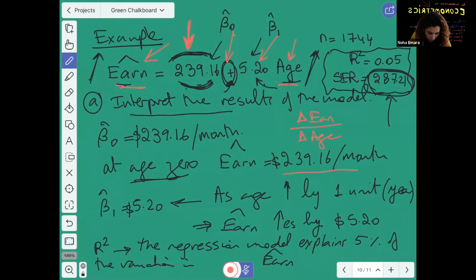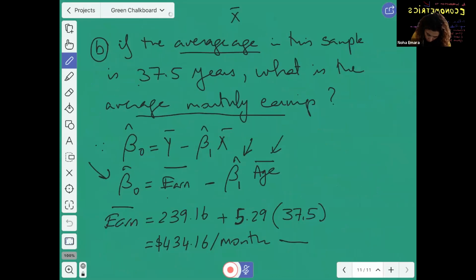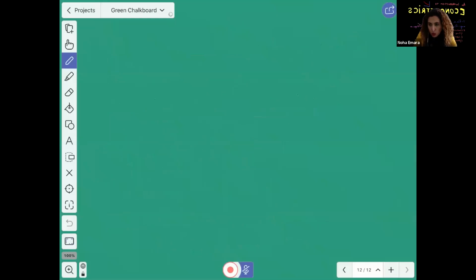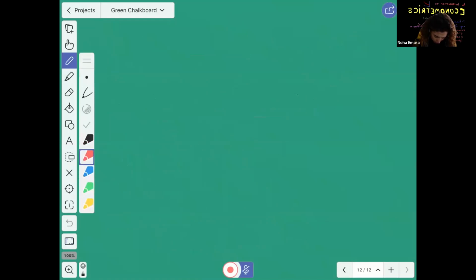What about the standard error of the regression? Let me make sure you got what a standard error of the regression is. It is one of the measures of fit. We said that we have different measures of fit. I have a complete video on that, and I want you to make sure to watch it.